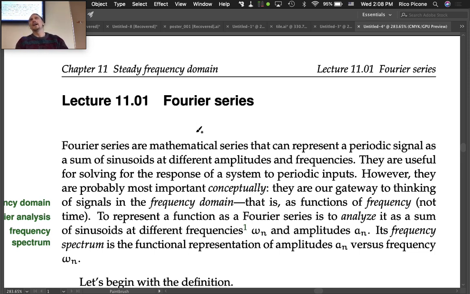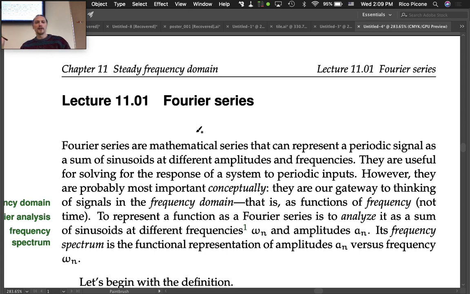And along the way I'll say, oh, you could do this if you wanted to find the total response or the transient response, and I'll mention those as we go. But we're not going to be doing a lot of transient response discussion. That's why I say steady. We could do another chapter on the transient aspect, but I'm focusing on the steady aspect.